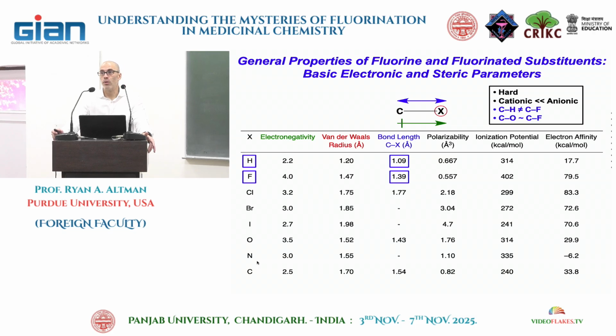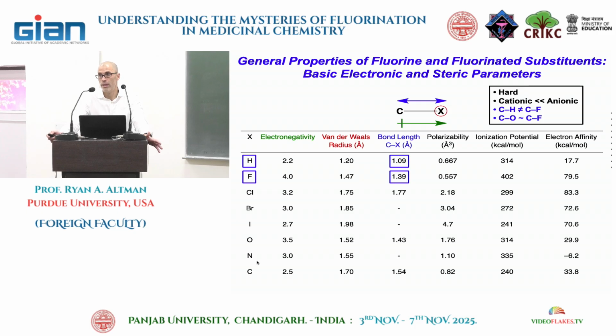Bond lengths, really important in medicinal chemistry, because you have your small molecule interacting with a target. How far away does your small molecule get from certain residues, from certain substructures in the biological target? The carbon-fluorine bond is notably longer than a CH bond. So again, let's dispel that myth that CH and CF bonds are the same size, same length.